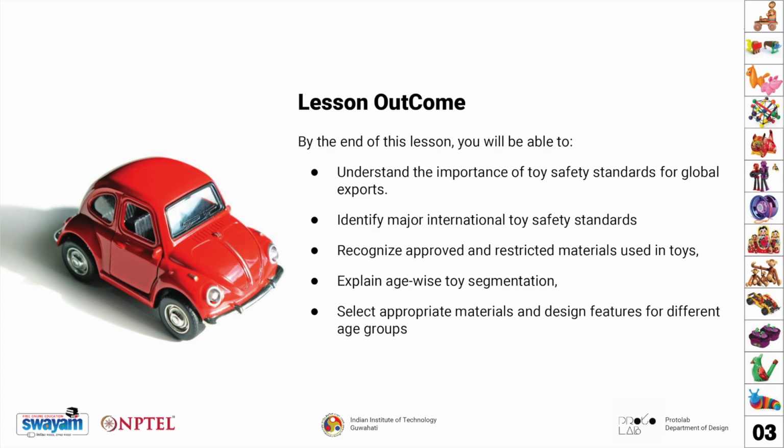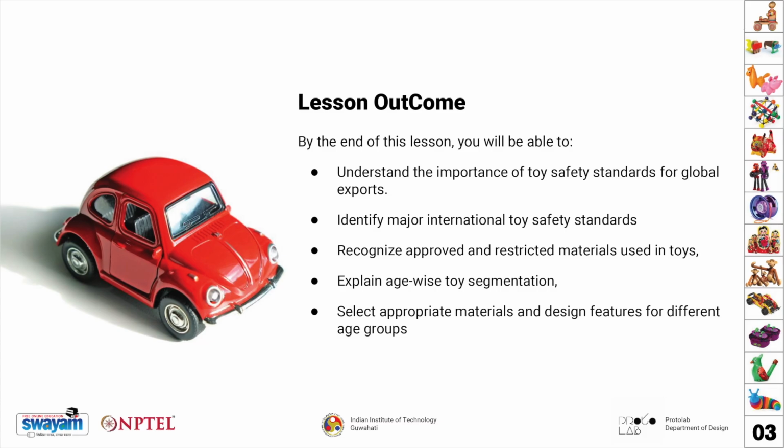You will be able to recognize approved and restricted materials used in toys and understand how material selection affects child safety and regulatory compliance. Explain age-wise toy segmentation and why toys must be designed according to children's developmental stages.